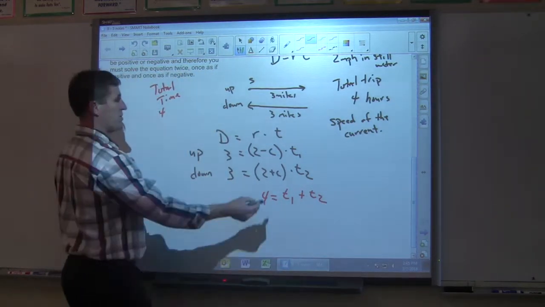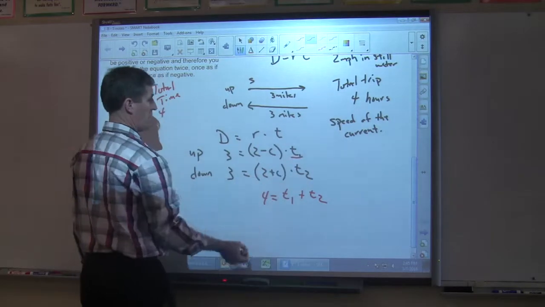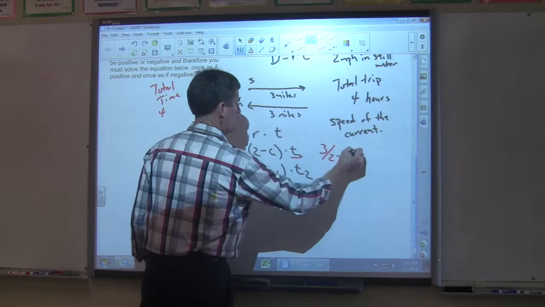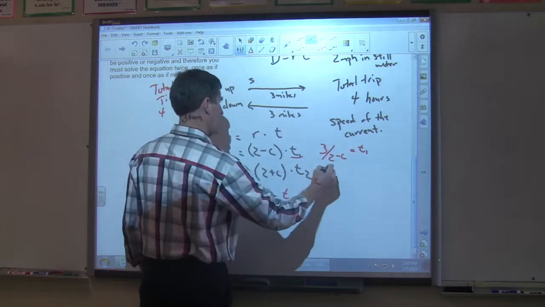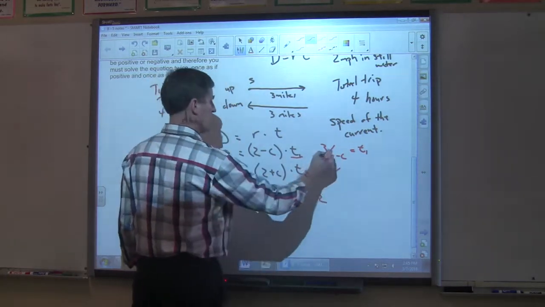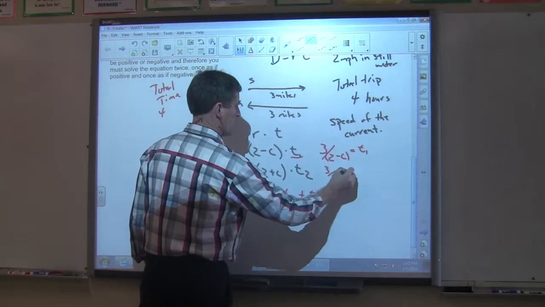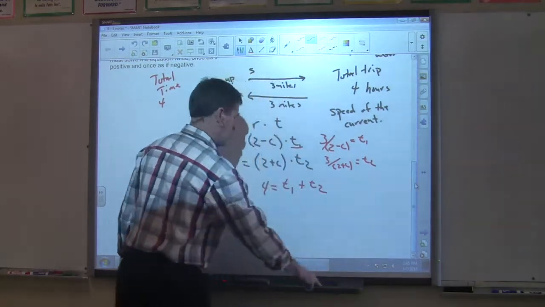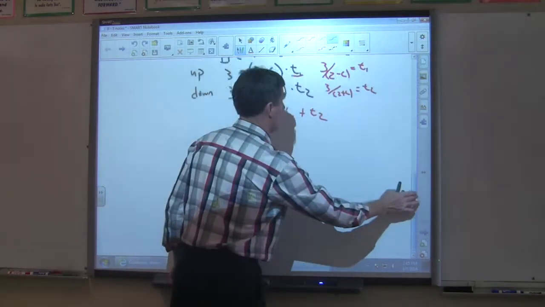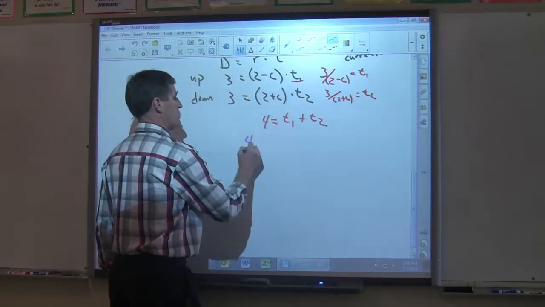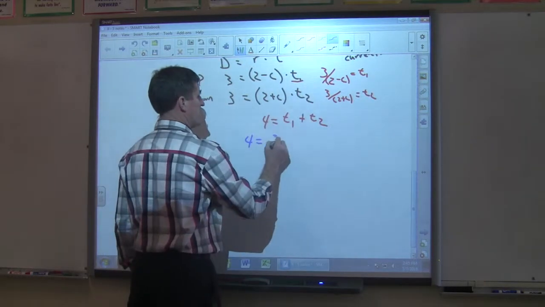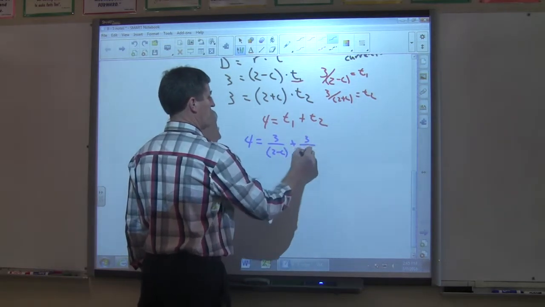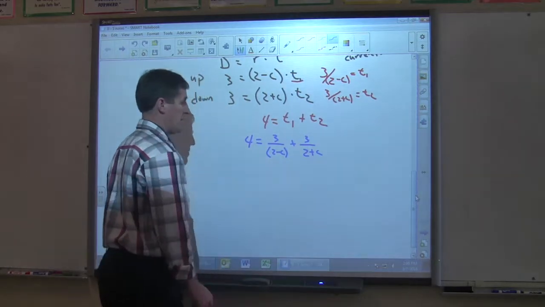And now we can solve for T1 by simply dividing by 2 minus c, and T2 by dividing by 2 plus c. And so I can substitute those values in for T1 and T2. So 4 equals, T1 is 3 over 2 minus c plus 3 over 2 plus c.